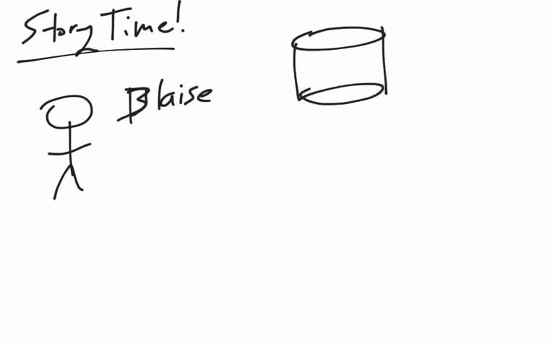Like that. And his boss tells him, hey, Blaze, you've got to make me a can, and the can has to have a volume of 16 pi units cubed. First off, it's got to be a right cylindrical can, so we're dealing with a cylinder.